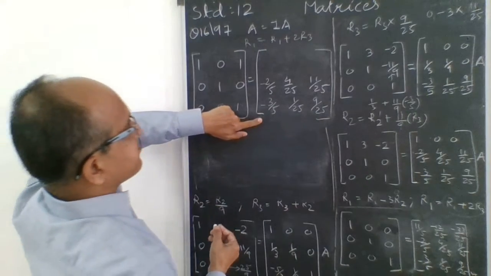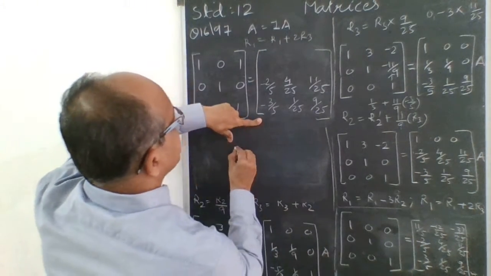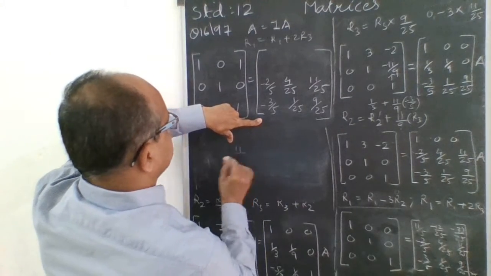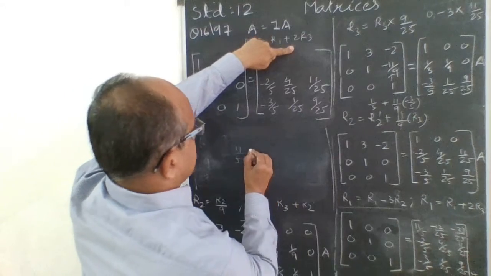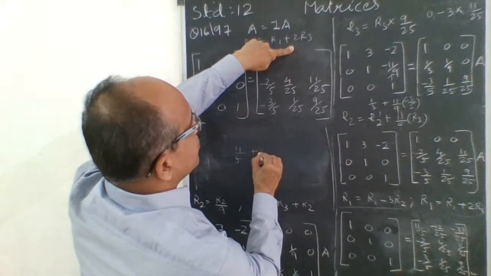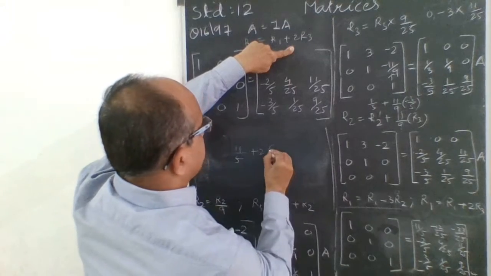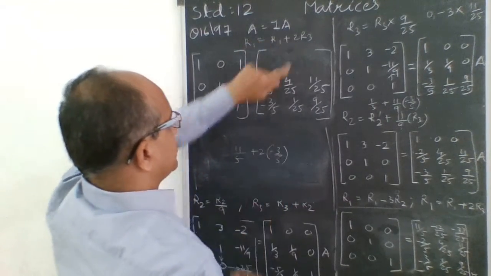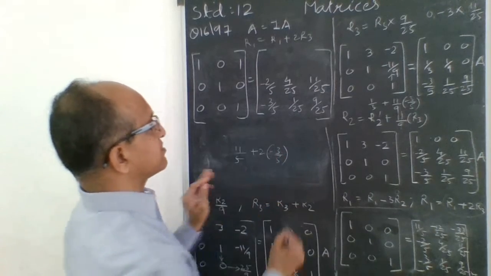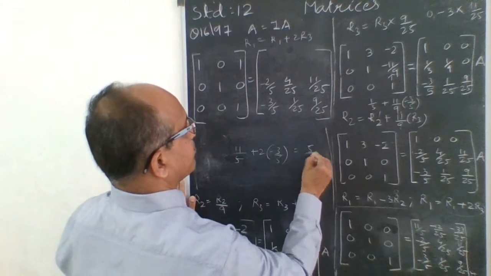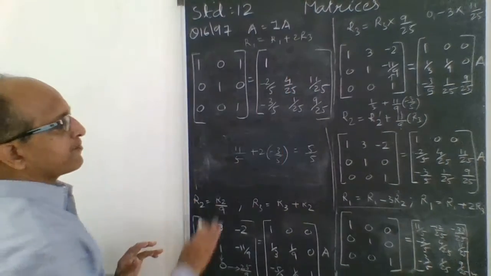Now see. So here R1 is what? 11 upon 5, right? Plus 2 into R3. So R3 is what? Minus 3 upon 5. So what are we getting? 3 2s are 6. So 11 minus 6, that is 5 upon 5, that is 1. So we are getting 1 here.